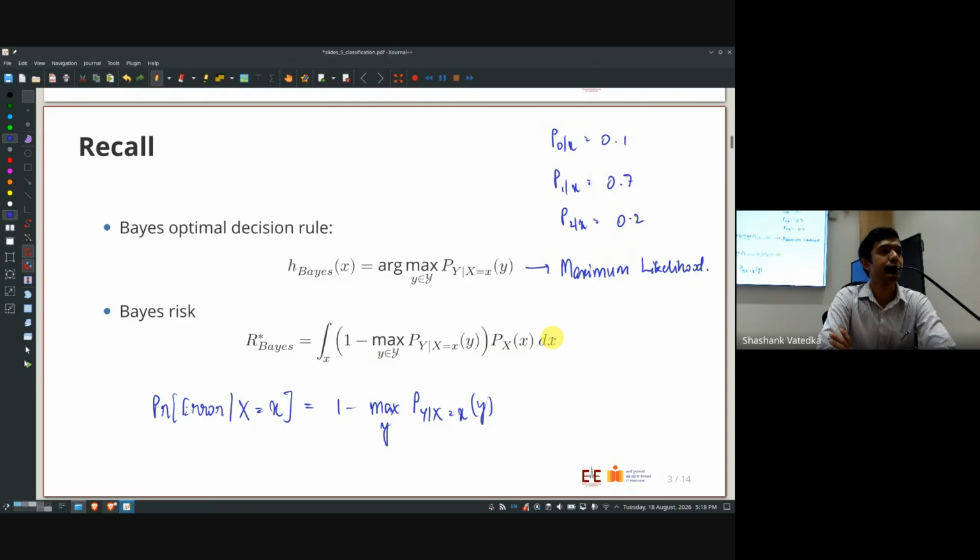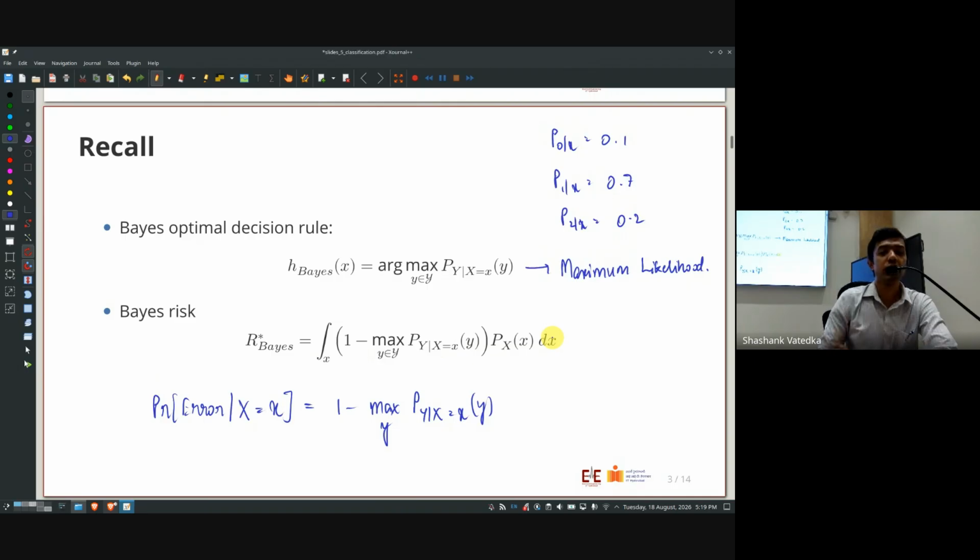Any questions? Should we consider the probability of y if we take the ML estimate of this? Correct. There may be some cases where the ML estimate gave one, but actually y was something else.